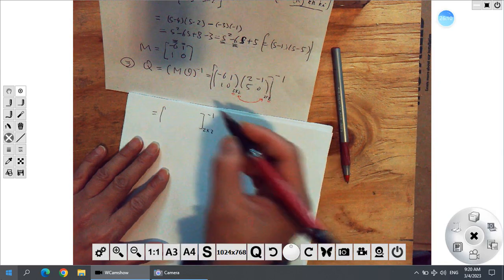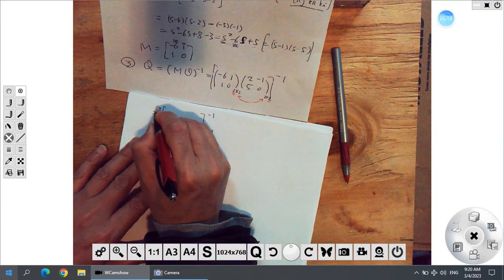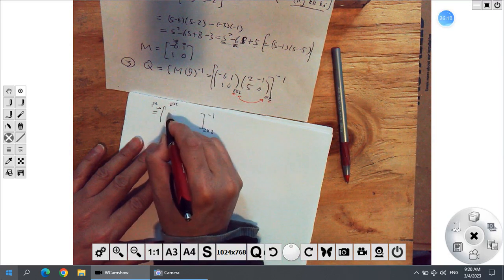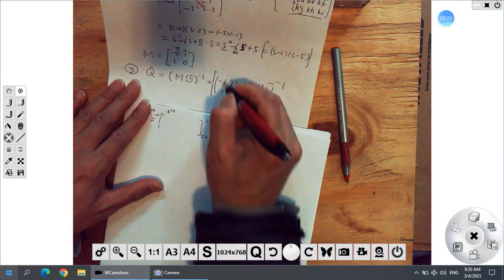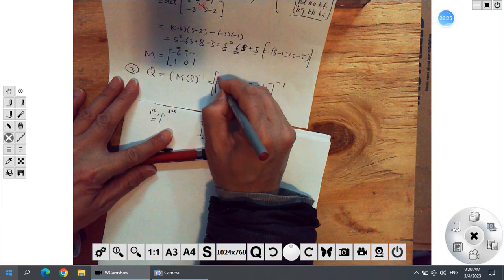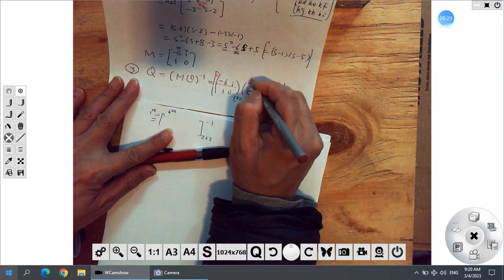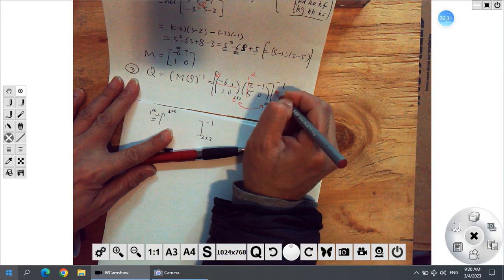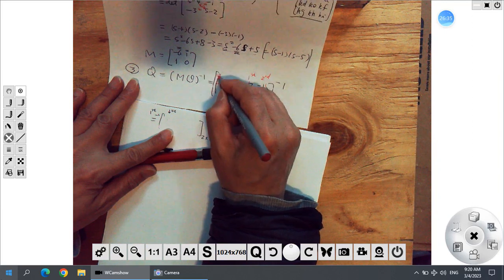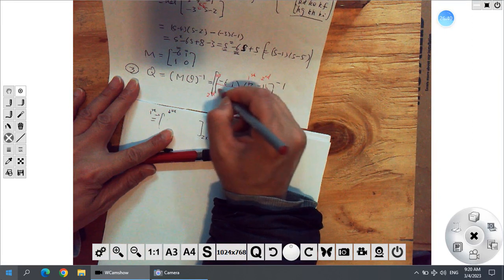Now we calculate each element. So this one, this is the first row and first column, right? This element. So you use the first row, and this is the first column, right? And this is second, right? First and second. Here's 2 rows, here's 2 columns.